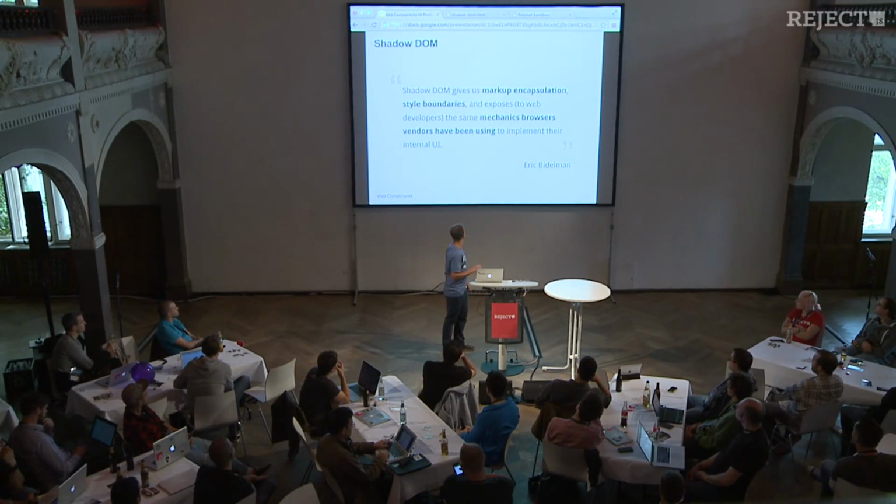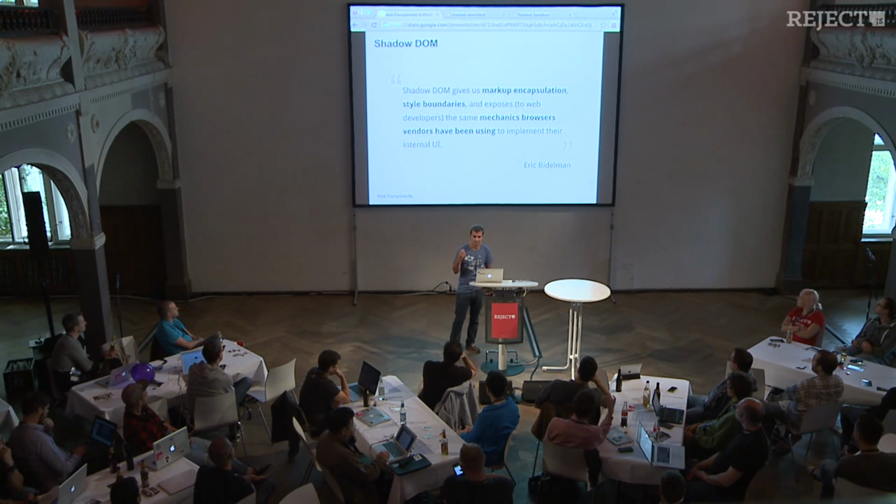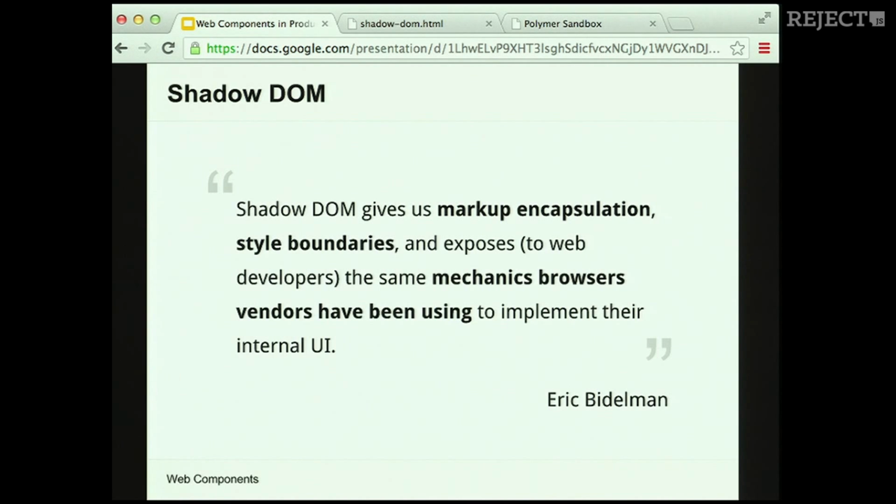The next technology is Shadow DOM. And Shadow DOM is this key technology which gives us encapsulation. The Shadow DOM creates a self-contained document-like subtree. And this subtree is called the shadow root.